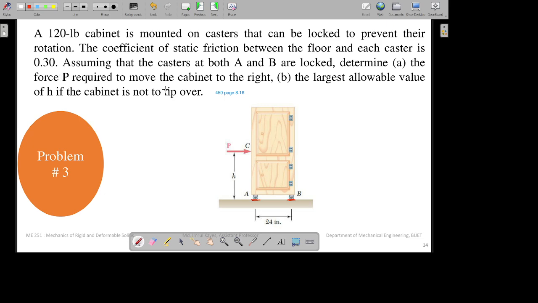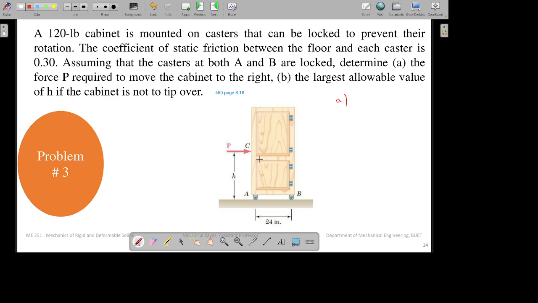Determine the force P required to move the cabinet to the right, and the largest allowable value of H if the cabinet is not to tip over. So let's first solve part A of our question. For part A, it's the easiest one. Look, it's very simple. You need to find the value of P to move the cabinet to the right.